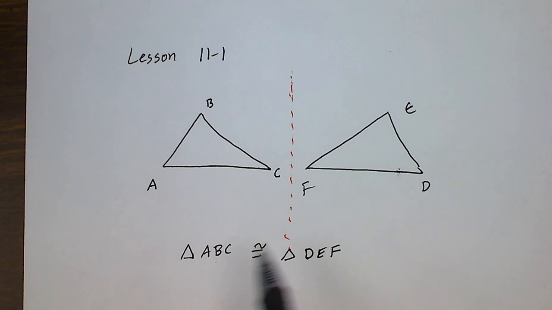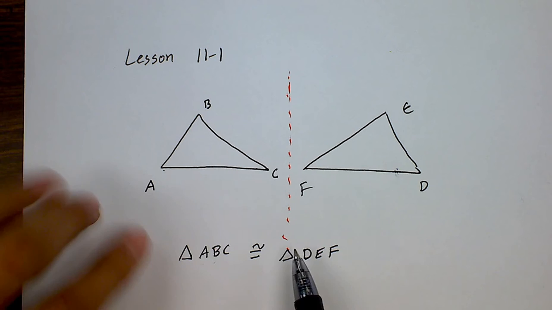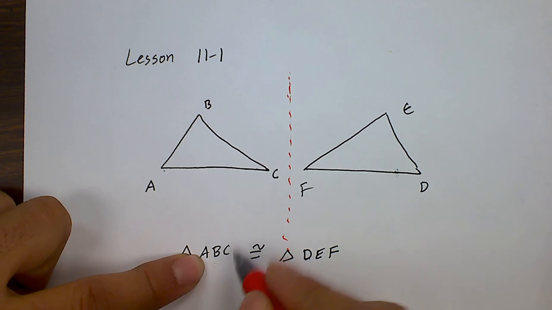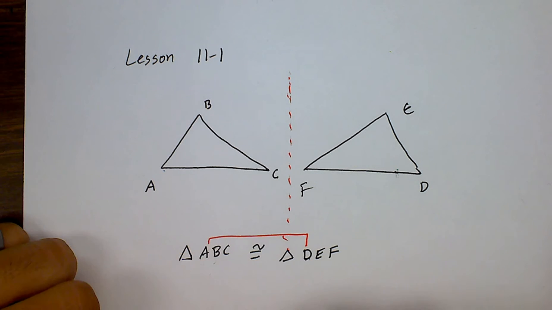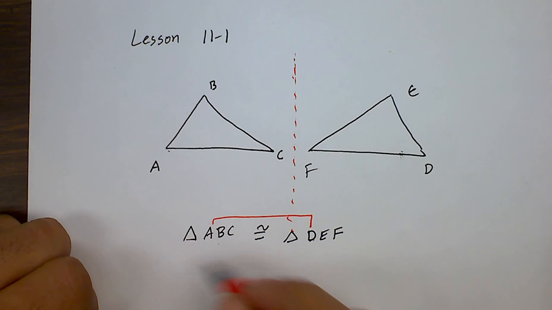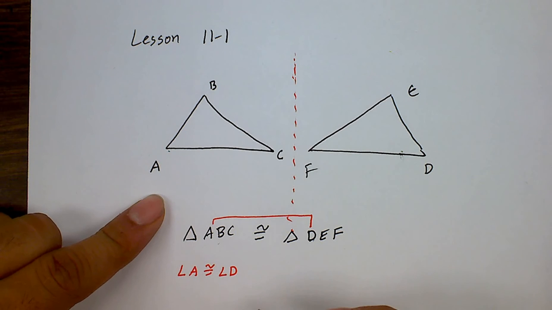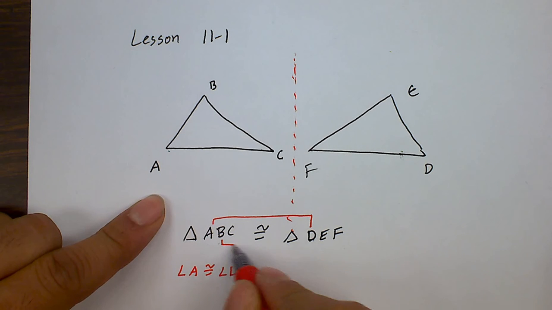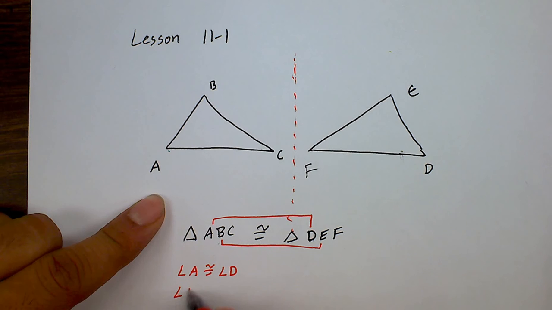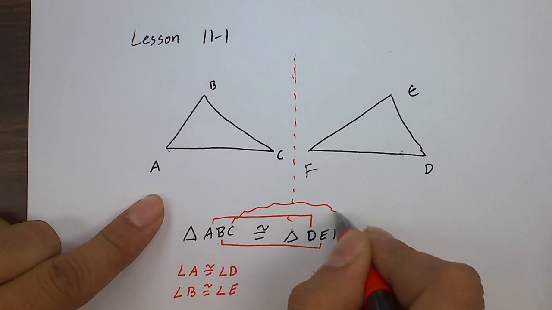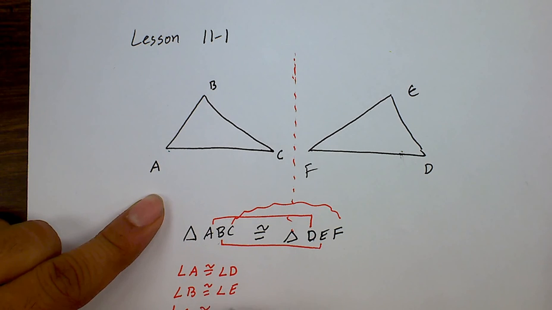For example, if I say A here, and then this angle D, that means these two are congruent. So angle A is congruent to angle D. Similarly, angle B must be congruent to angle E, and angle C must be congruent to angle F.